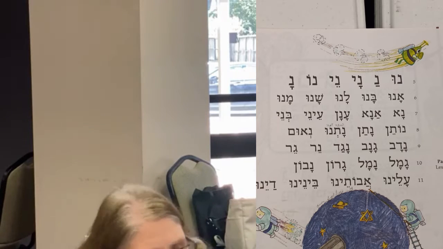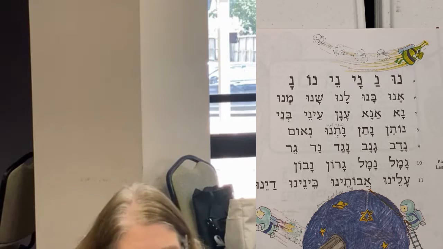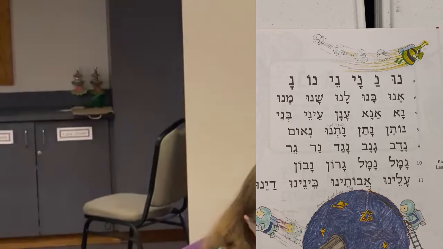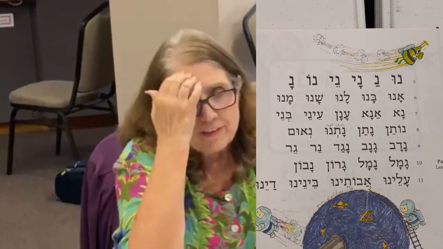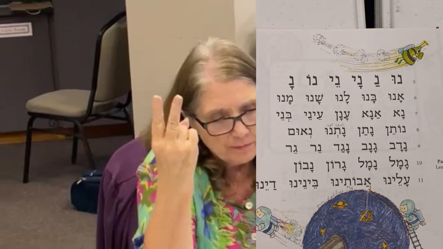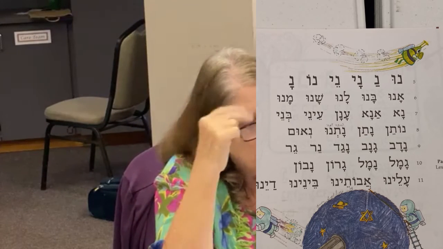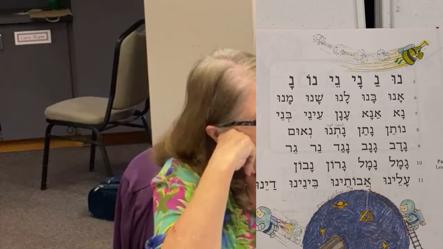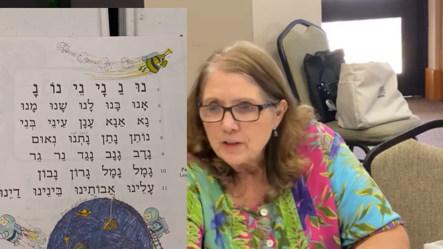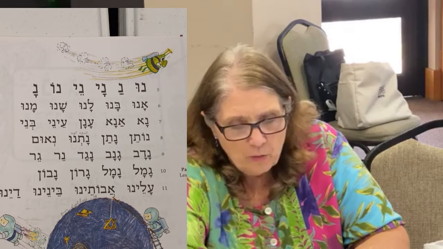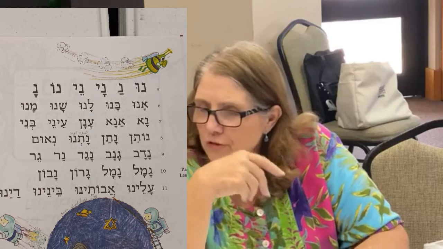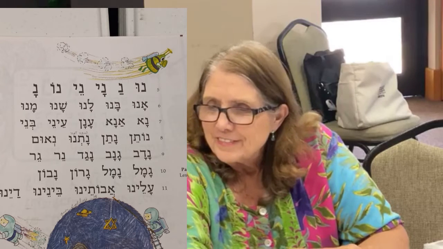Right, next one? Anan. Very good. This is a hard one because it has two diphthongs. Crystal, you want to try the fourth one?